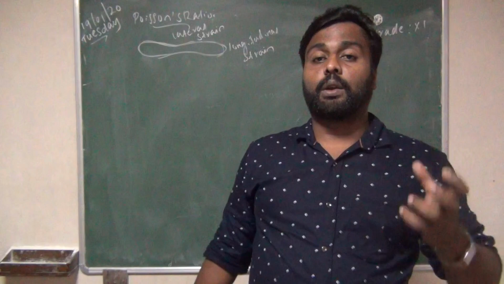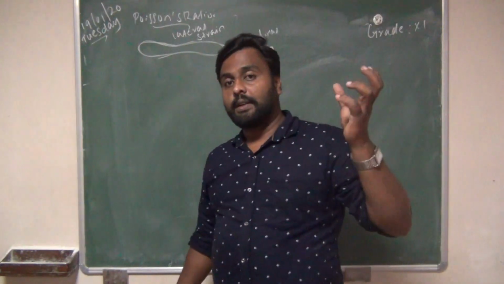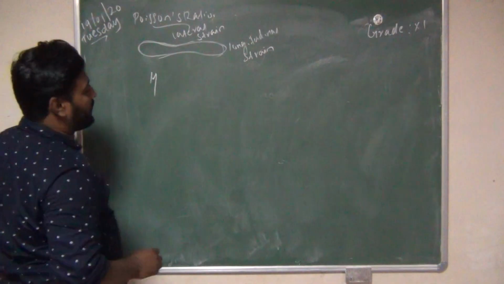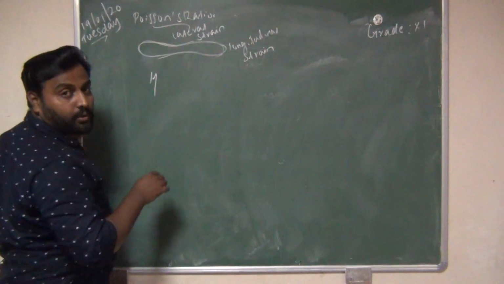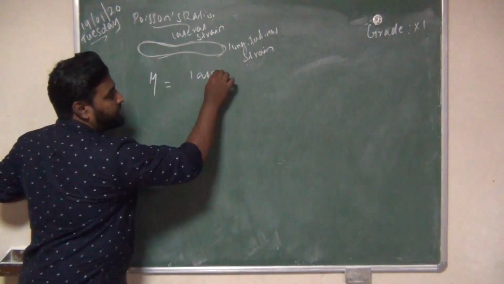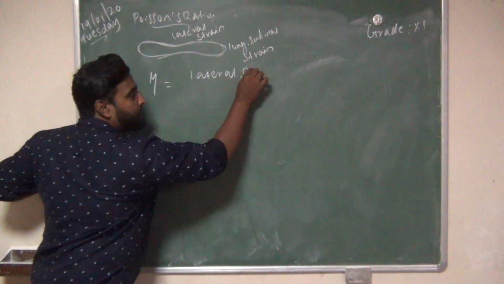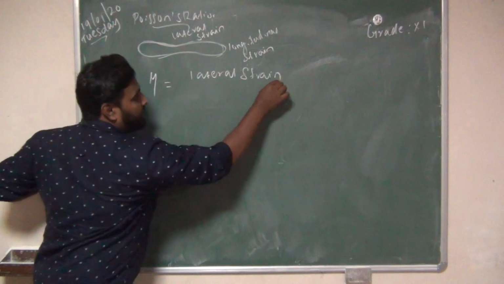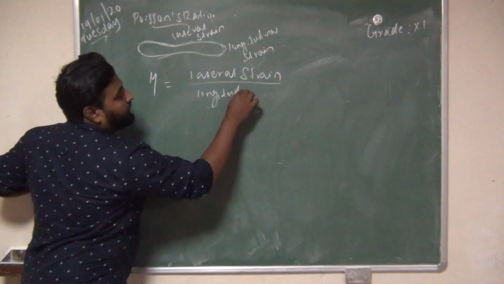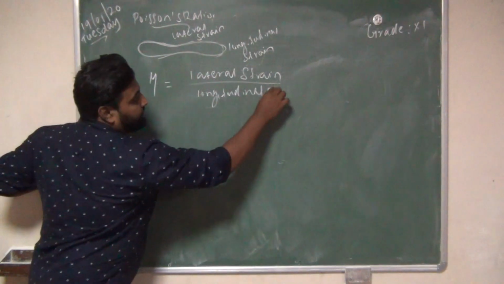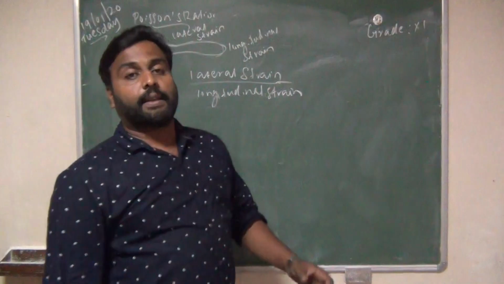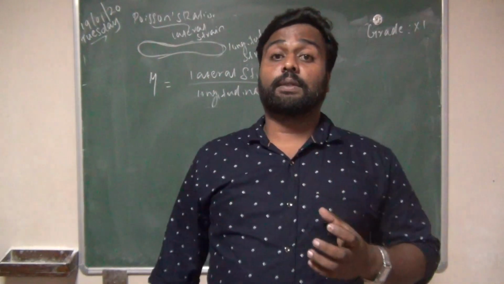That ratio is called Poisson's ratio, and for Poisson's ratio you have to use the symbol mu. Mu is equal to lateral strain by longitudinal strain. This is what we call Poisson's ratio.